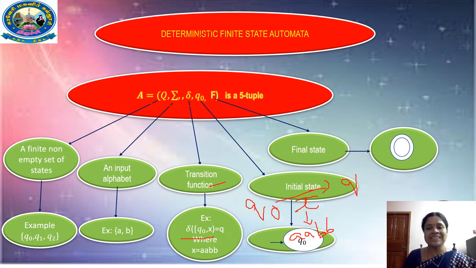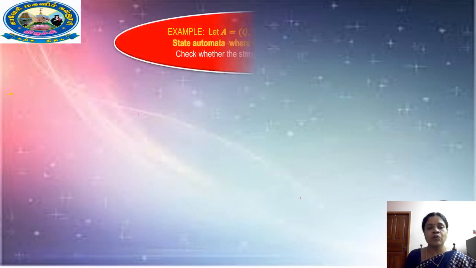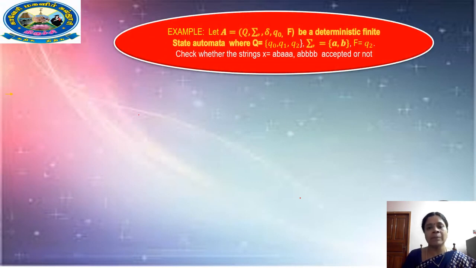Next, we are going to see some examples for this deterministic finite state automaton. If we take the example with the initial state as Q0 and Q given as Q0, Q1, Q2, the input alphabet sigma as A, B, and the final state as Q2.